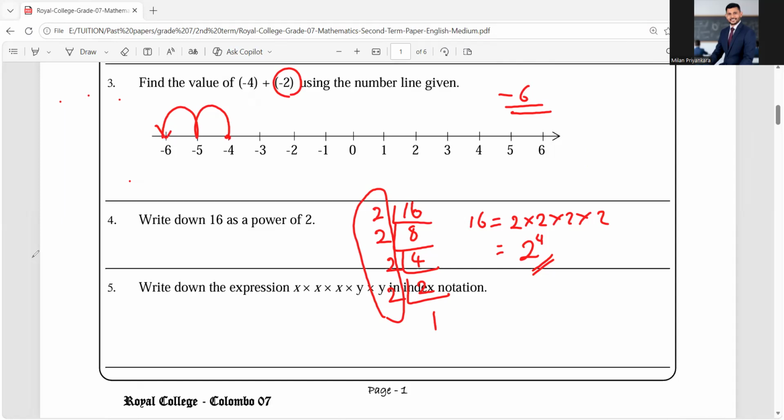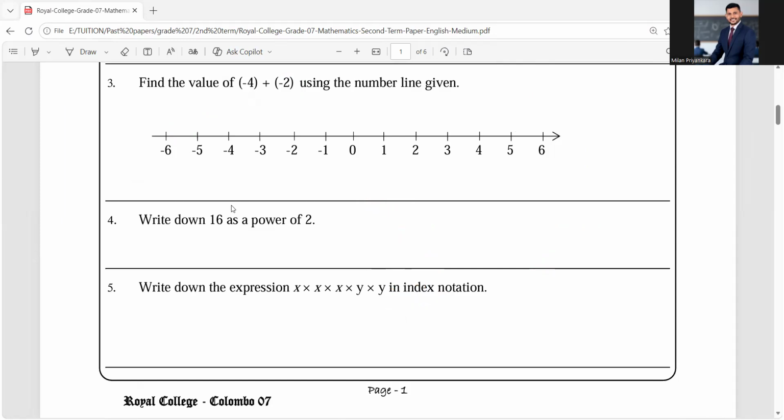I think you understand. Okay, let's go to question number 5. Write down the expression x into x into x into y into y in index notation. It's very simple, right? There are 3 x's and 2 y's. You write x to the power 3, y to the power 2.